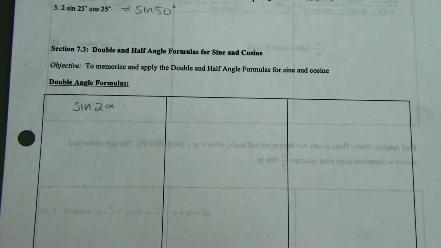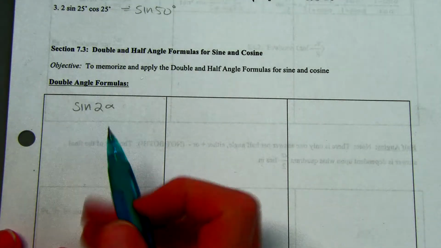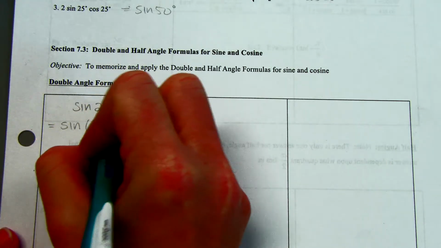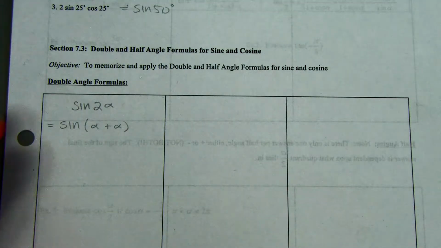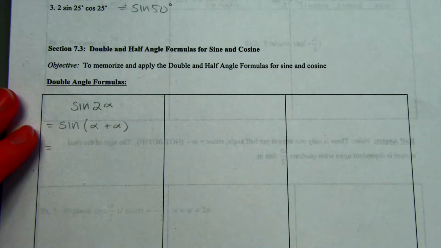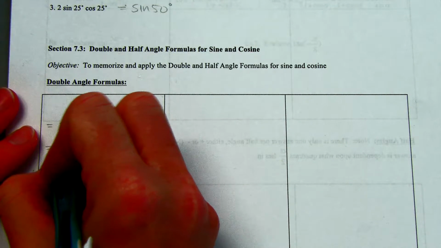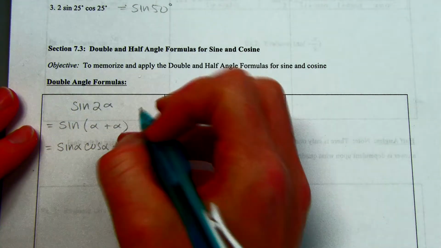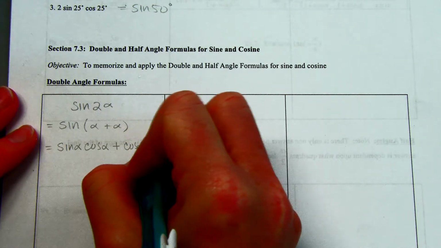Okay, so I've got sine 2 alpha. So I can write this as sine alpha plus alpha. And so then I can use my addition formula for sine in order to expand. So this is going to become sine alpha cosine alpha plus cosine alpha sine alpha.